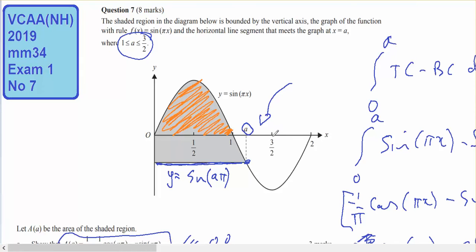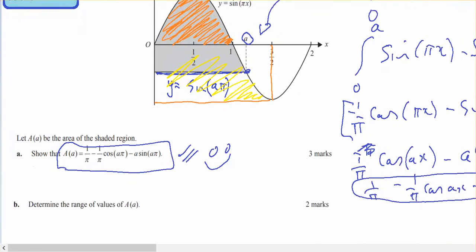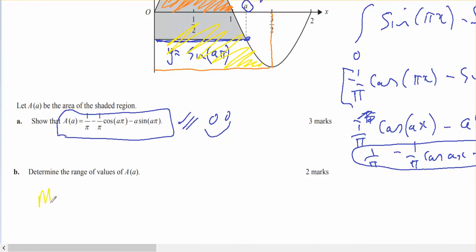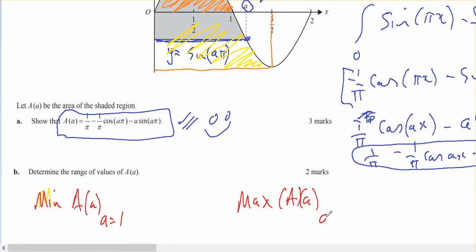And when a equals 3 on 2, the area will be all of that. So the minimum value of the area is when a equals 1, and the maximum value is when a equals 3 on 2.